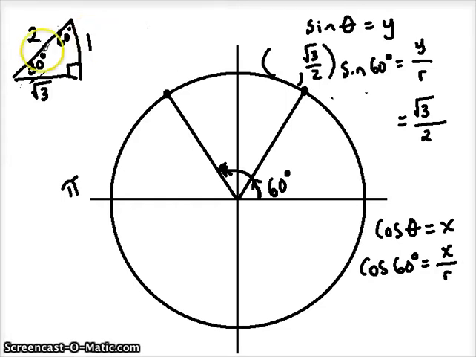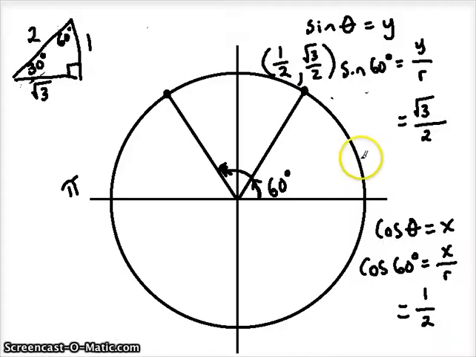So if we go back to this triangle, the adjacent side of a 60-degree angle is 1, and the hypotenuse is 2. So 1 over 2 is the x coordinate given a 60-degree angle. So these are the coordinates intersected by this radius if we have a 60-degree angle.